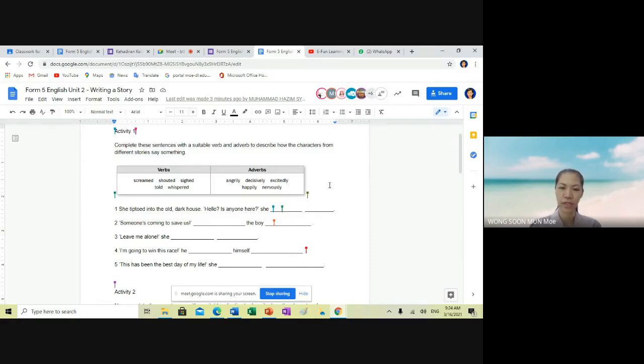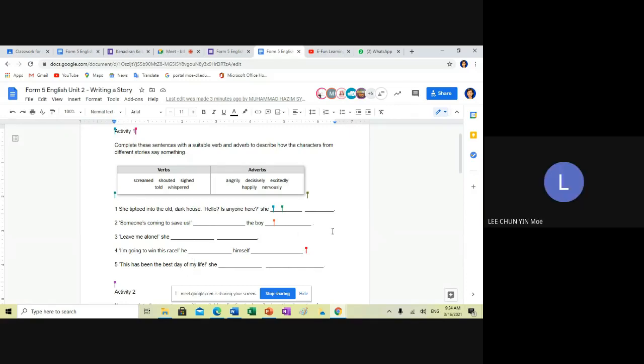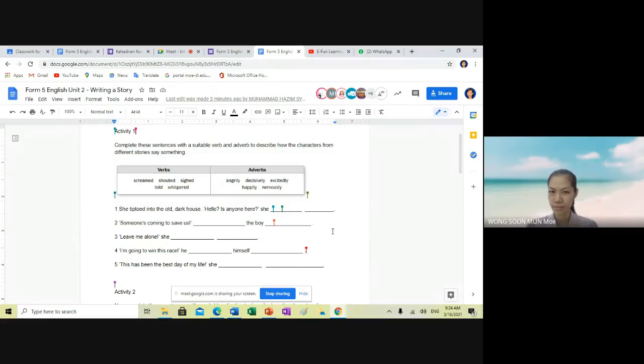Not necessarily number 1, can be number 2, 3, 4, or 5. Which one are you confident with? No one? Number 1 is Toe. You just type. Who is that? Is it Chunyin? Yes. Chunyin, you just choose any question that you feel confident with and type your answer.